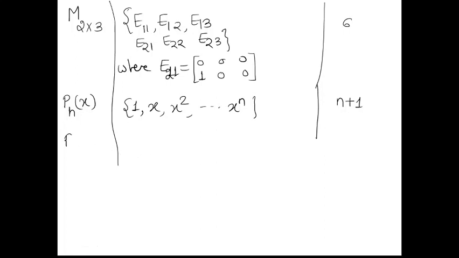If I take only a polynomial space where the degree is not mentioned, then the standard basis will involve elements of the form 1, x, x square, to infinity. As there are infinitely many elements, the dimension will be infinity. So I hope this concept of forming the basis and deciding the dimension is clear to you all.